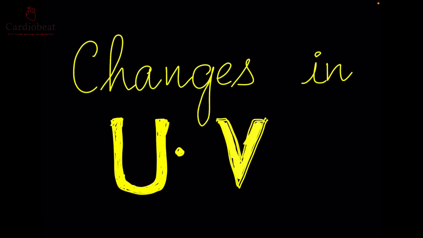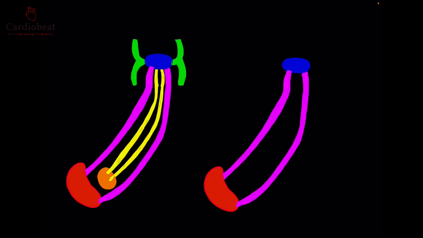Let us move on to the changes that are happening in the umbilical vein system. So once again, I've just removed the green colored cardinal system and the yellow colored vitelline vein system. So all we will be discussing here is the sinus venosus along with the umbilical venous system.